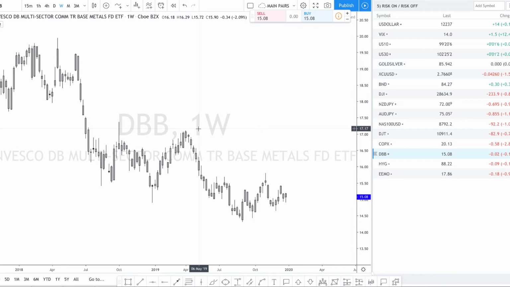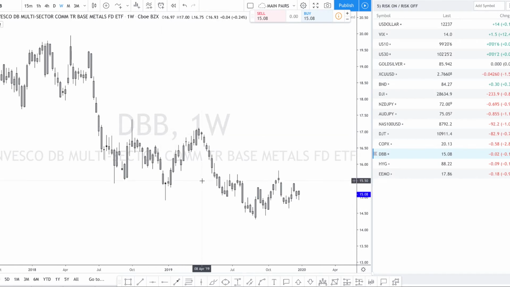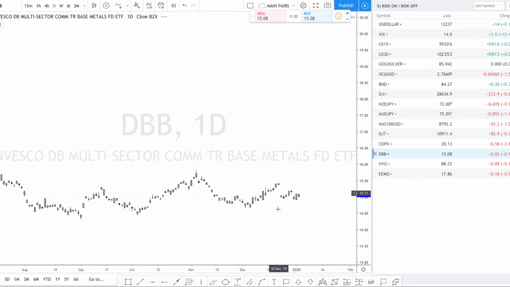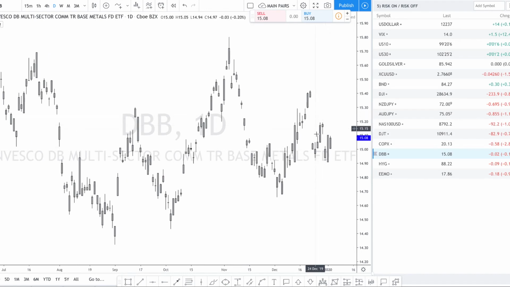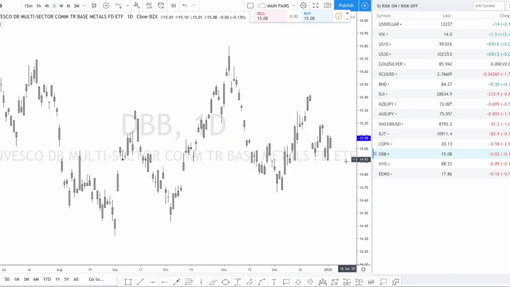Industrial metals like aluminium and copper are sensitive to economic trends. Normally if the DBB is up, it's risk on, and if the DBB is down, it's risk off. You can see they all slightly vary, but right now this is starting to drop, so again it's adding further confluence to our risk off.